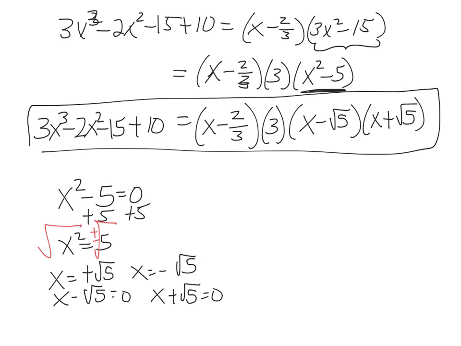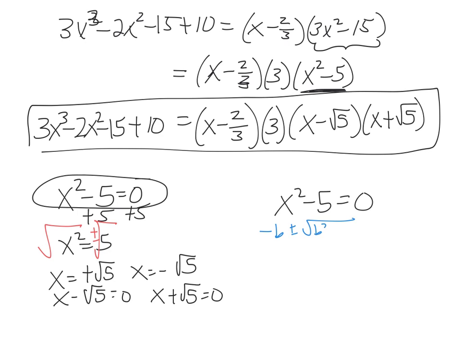The other way, if you wanted to factor this x squared minus 5 using the quadratic formula, we could also just prove that those roots are correct. So we could do negative b plus or minus the square root of b squared minus 4ac all over 2a. And a is 1, b is 0, and c is negative 5.